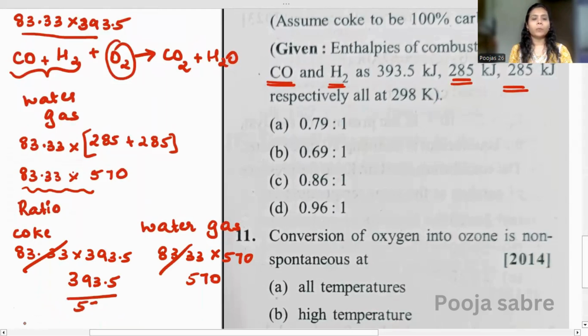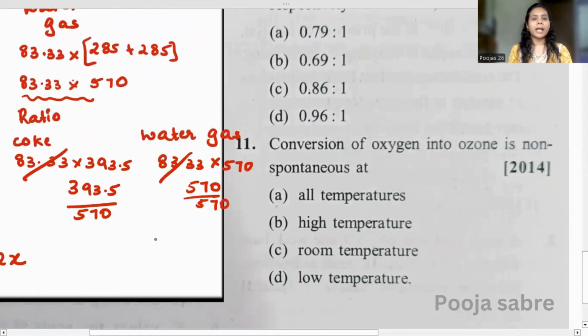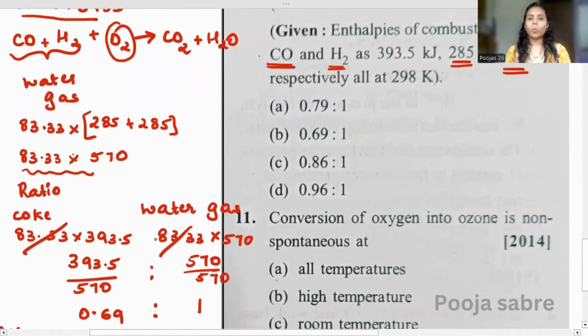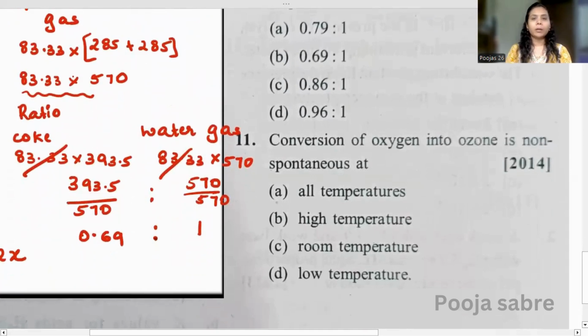If I divide both of these by 570, I will be getting this as 1, the ratio, and this will be somewhere around 0.69. So this is my correct ratio. This is the ratio of coke to water gas, and option B is the correct answer, that is 0.69 is to 1.